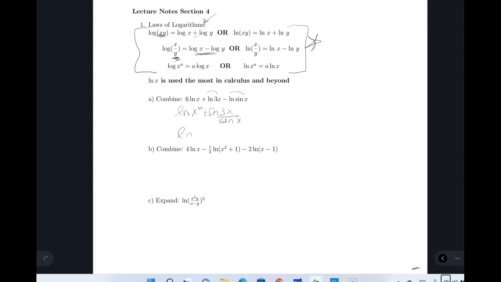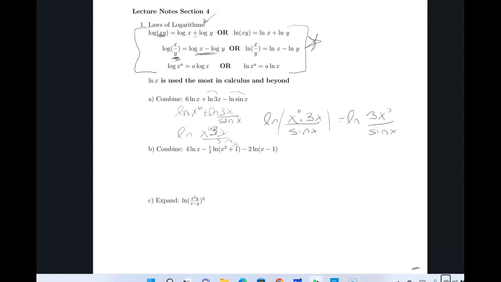So it'll be ln of x to the 6th times 3x all over sine of x. It's all inside the ln, right? So I probably should fix that. So 3x to the 7th over sine of x.